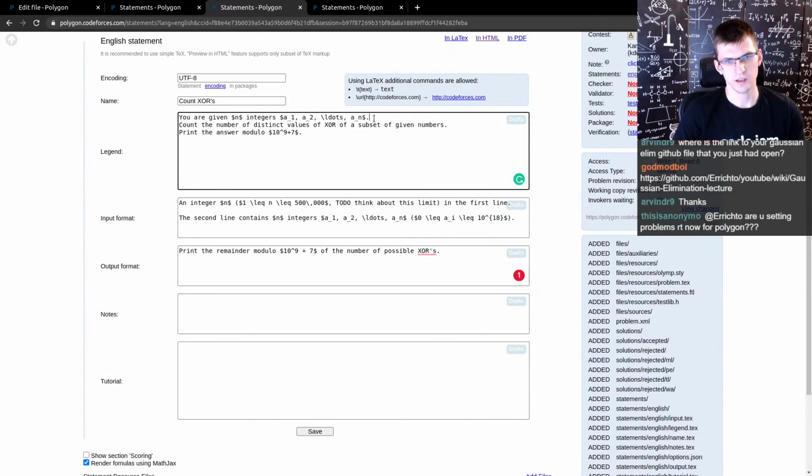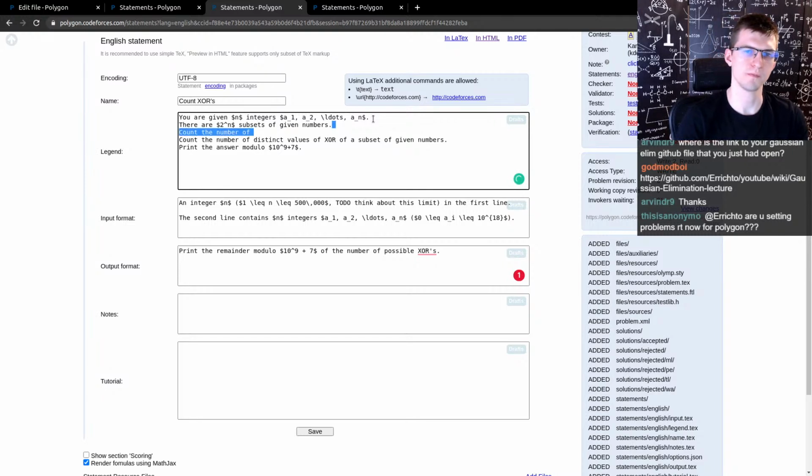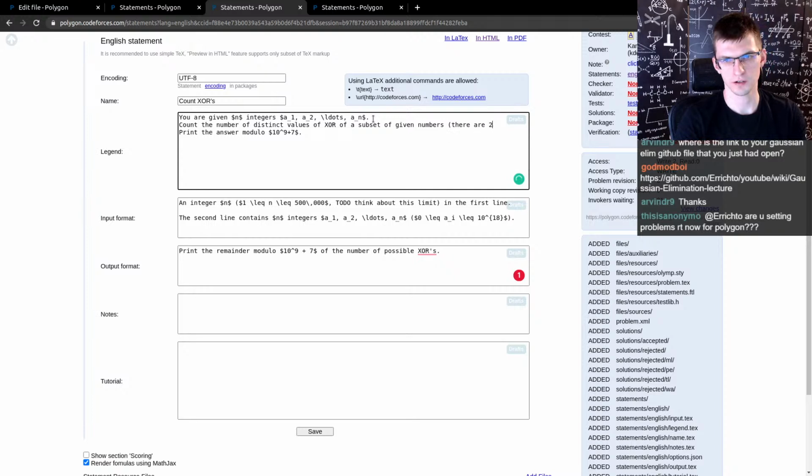Maybe I should say among 2 to the n, there are 2 to the n possible subsets of those numbers. Count the number of... there are possible subsets.